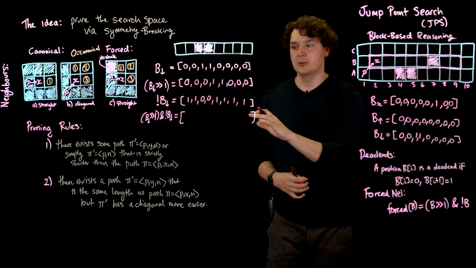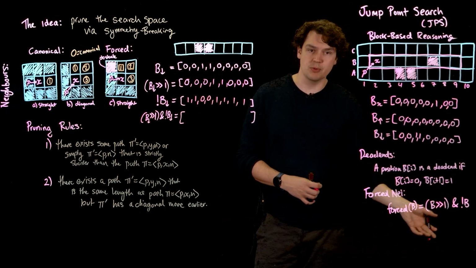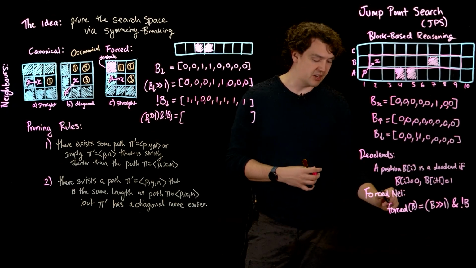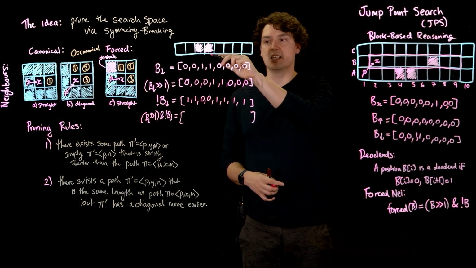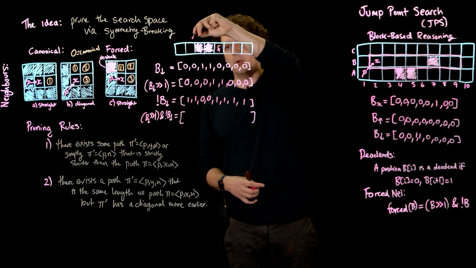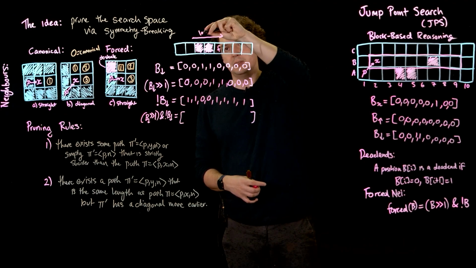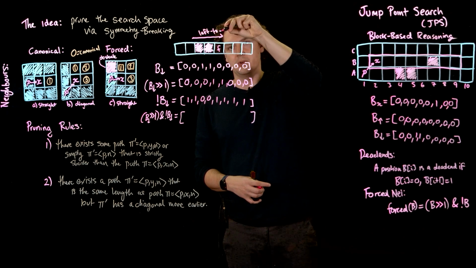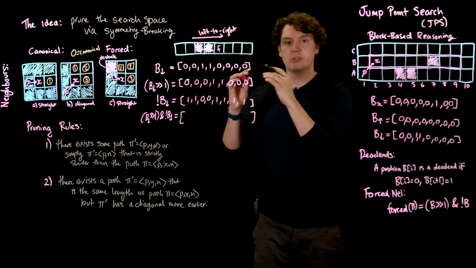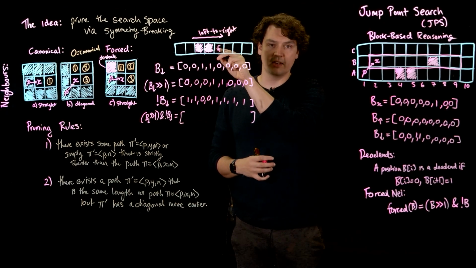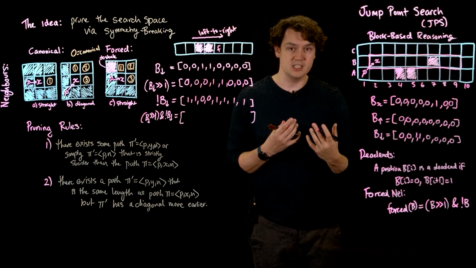So what we're finally looking for, this final big expression that we're trying to evaluate to check if there are any forced neighbours, is this: when we're doing left to right traversal, the forced neighbour would appear here. We're trying to check that this location was blocked, and the one after it is free.